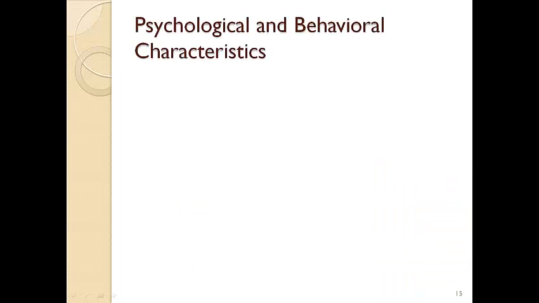Psychological and behavioral characteristics. Although many authorities believe that blindness does not alter one's ability to understand or use language, there are subtle differences in the way in which language usually develops in children, especially infants who are visually impaired, in areas such as delay in language, because their first words tend to come later.